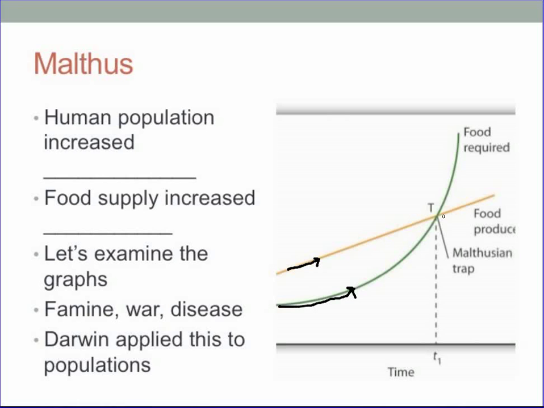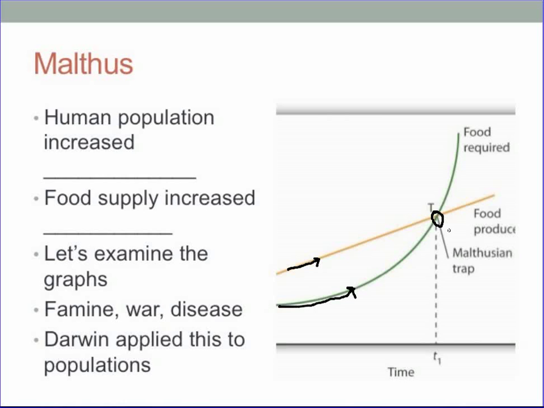And at some point, there's going to be a time where there's not enough food to feed the population. But what Malthus said was that famine, war, and disease basically kept the population down and prevented us from ever reaching this point where the food supply was met by population.